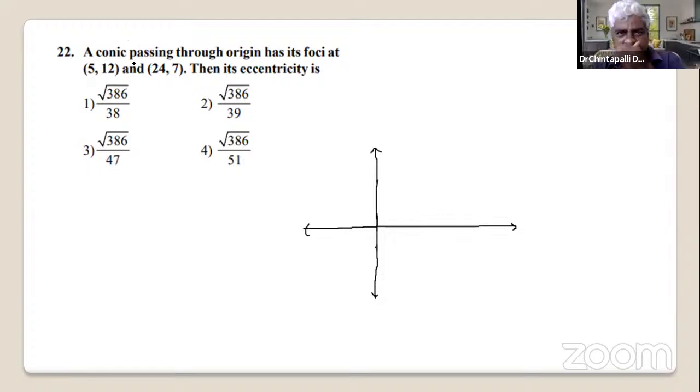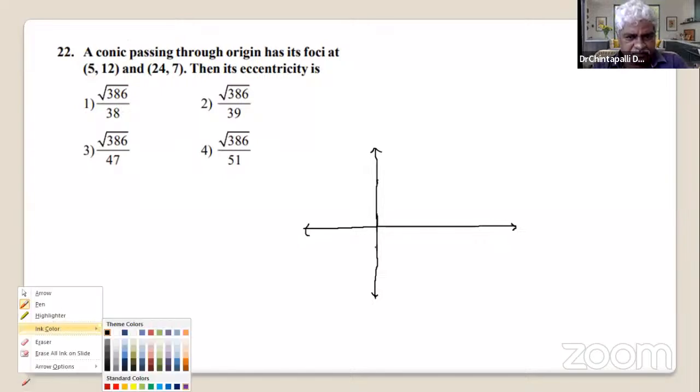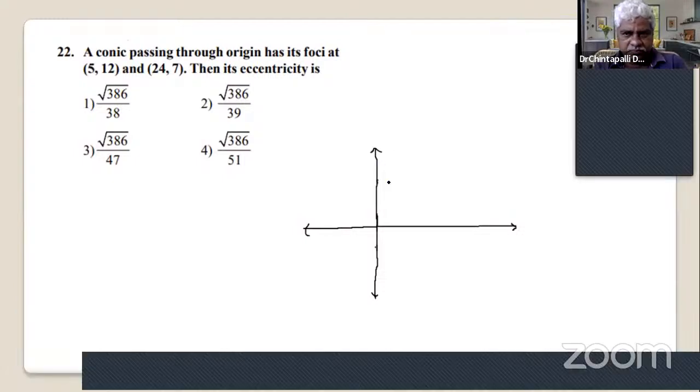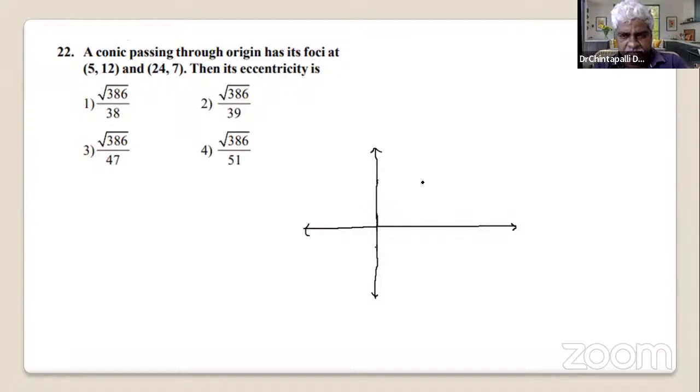A conic passing through the origin has its foci at 5,12. A conic passing through origin. That means there is a conic passing through origin. Yes, this is a conic like this.